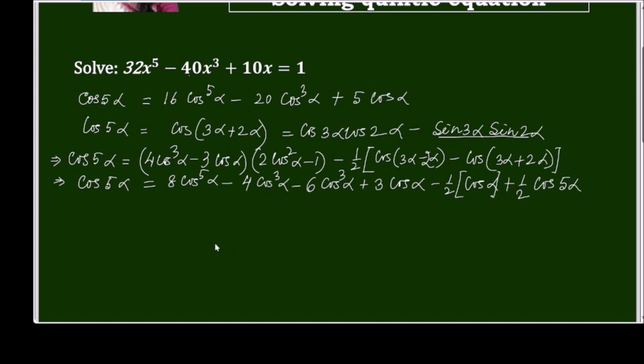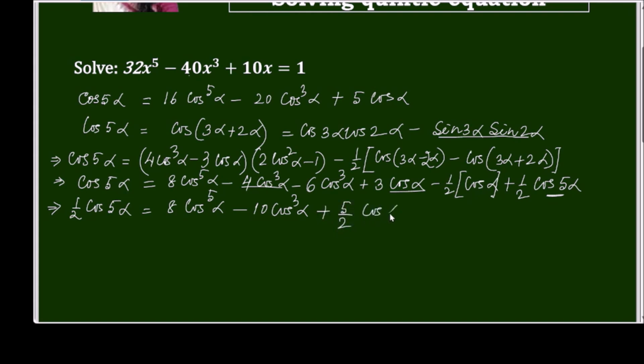And this will be positive. Now taking it to the left side, I'll get half cos 5 alpha equals 8 cos power 5 alpha minus 4 minus 6, it becomes minus 10 cos cube alpha, and 3 cos alpha minus half cos alpha gives you 5 by 2 cos alpha.